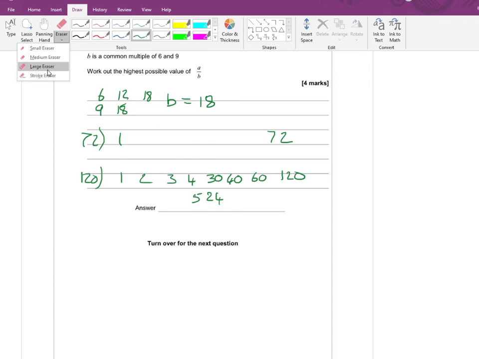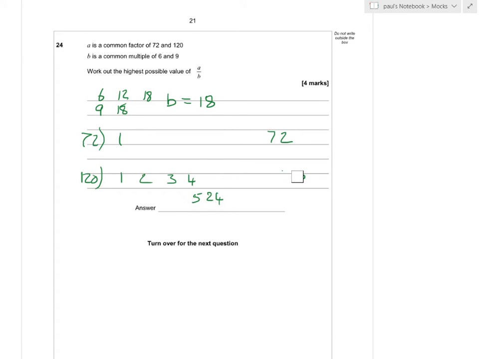Need a bit more space for that, don't I? 30, 40, 60, 120. So 30, 40, 60, 120.